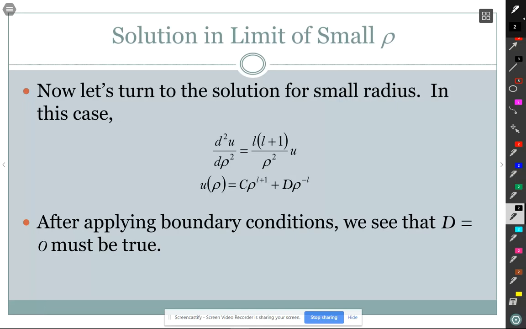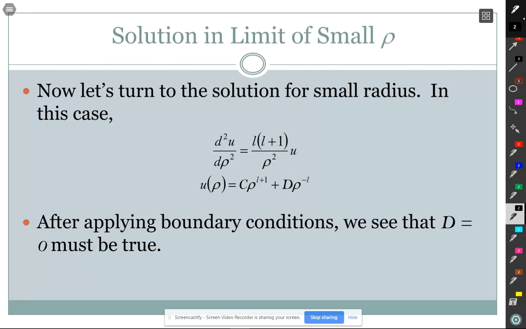u is equal to c rho to the L plus 1 plus d rho to the minus L. And since this is for very small radii, as rho approaches 0, rho to the minus L is approaching infinity.